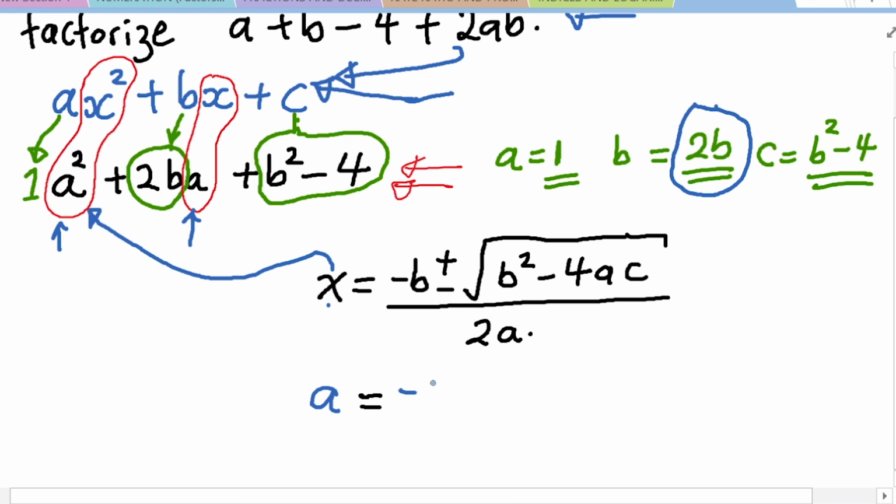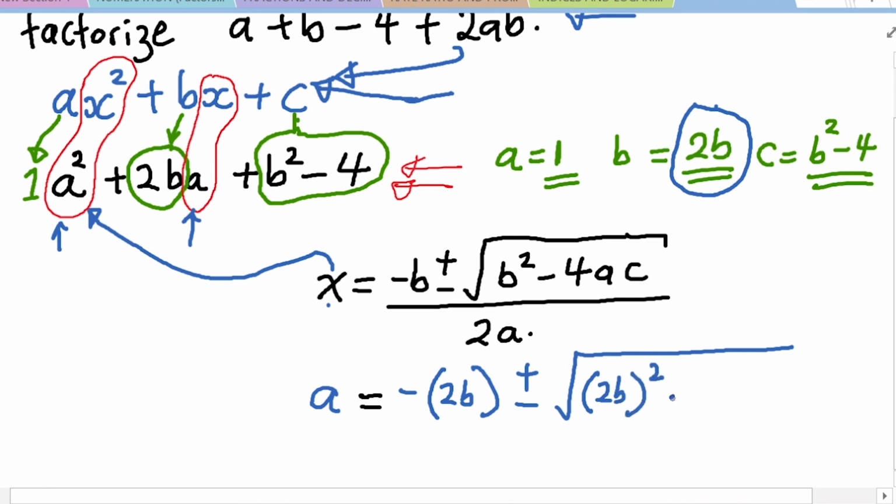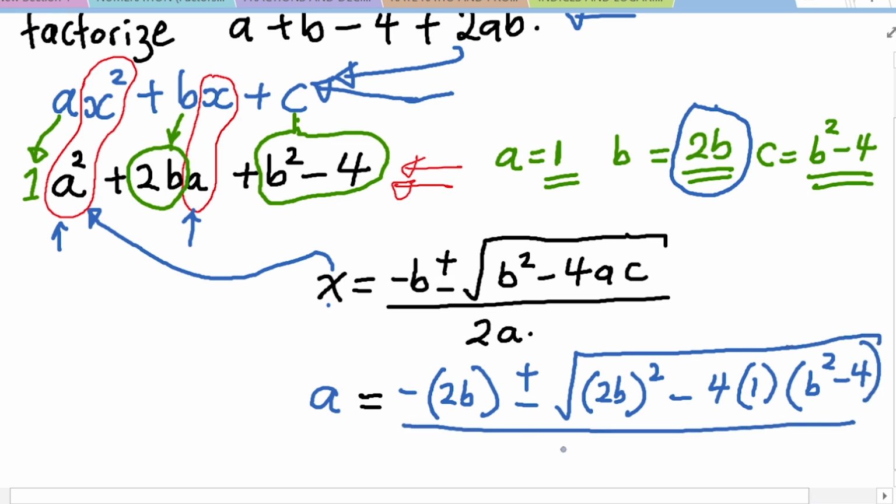So it's going to be minus 2b plus or minus under the square root of 2b squared, minus 4 times my value of a, which is 1, times my value of c, which is b squared minus 4. Divide all that by 2a, like that.